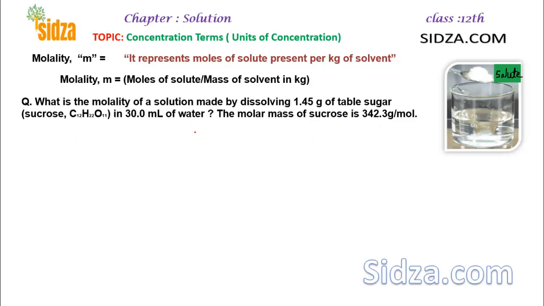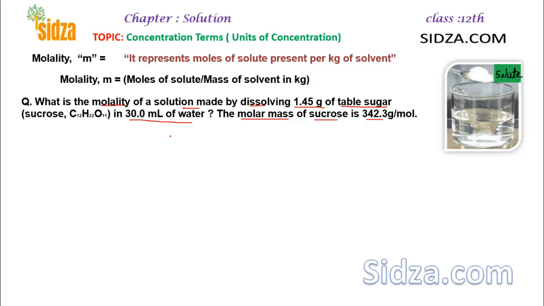Now let's take another question here. What is the molality of a solution made by dissolving 1.45 grams of table sugar in 30 ml of water, and the molar mass of sucrose is given as 342.3 grams per mole.